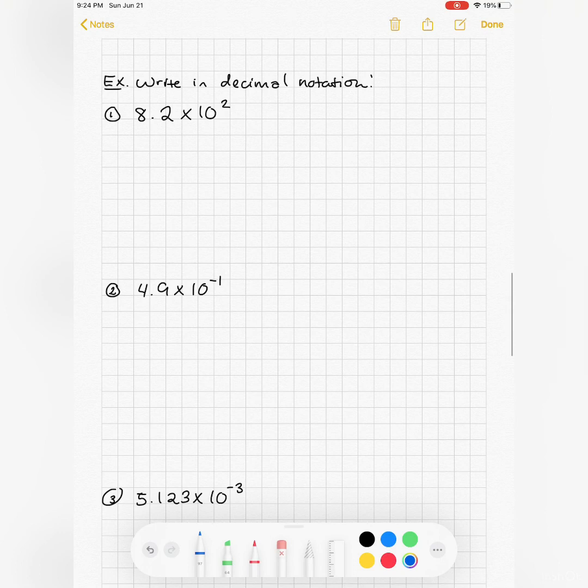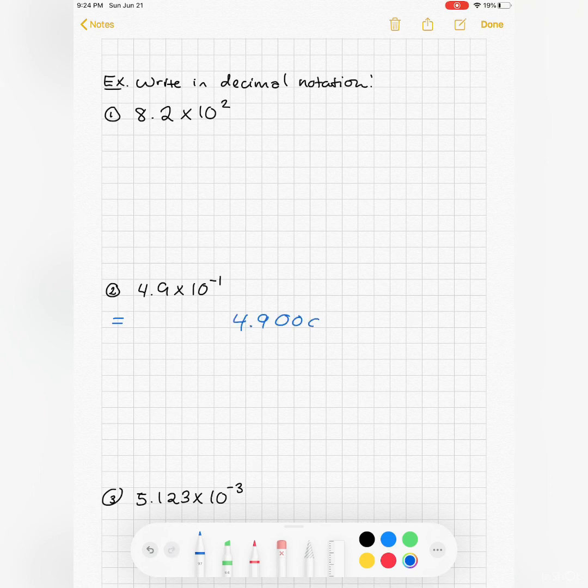Okay, what about going from scientific notation into decimal notation? We've already kind of been doing that, haven't we? Let's do it this way. 4.9.